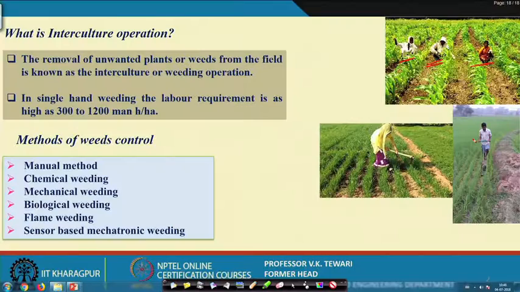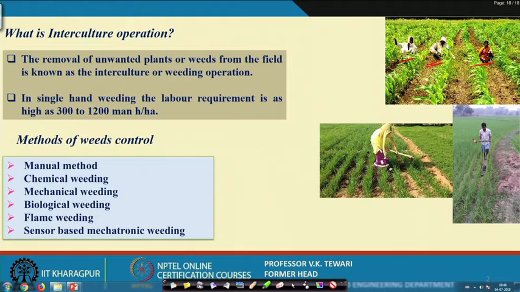I will tell details slightly later, but some bacteria which grow can be used to kill these weeds. This is another way of biological control, used in some crops. It is not very widely used, but it is being used in some crops, particularly flowers, maybe some cash crops, in some locations in the world.